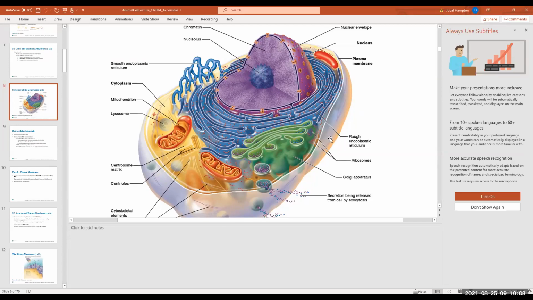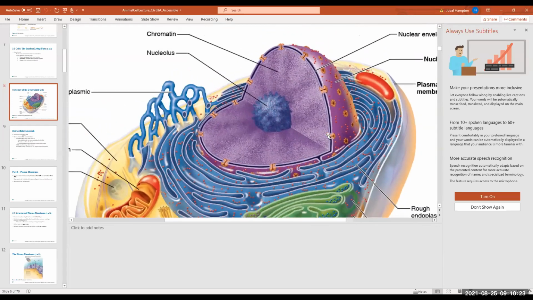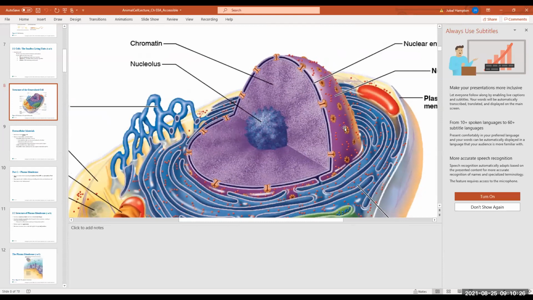So it's a good organizer protein, a histone. A nucleolus is at the center. We'll discuss that a little more. The envelope of the nucleus is full of pores. Note here in the diagram up on the screen that you have a lot of pores. And this is for messenger RNA molecules to exit the nucleus out into the cytoplasm so that they can be translated.